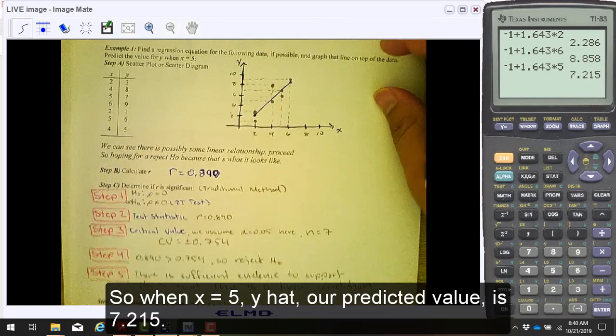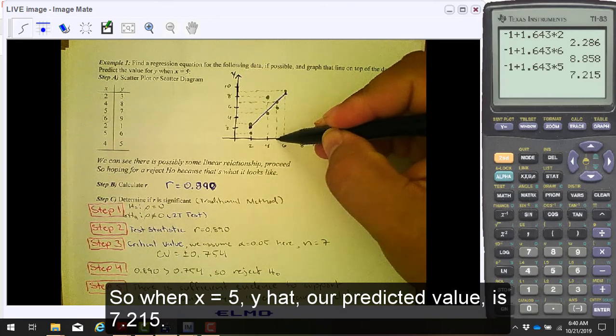So when x equals 5, y hat, our predicted value, is 7.215.